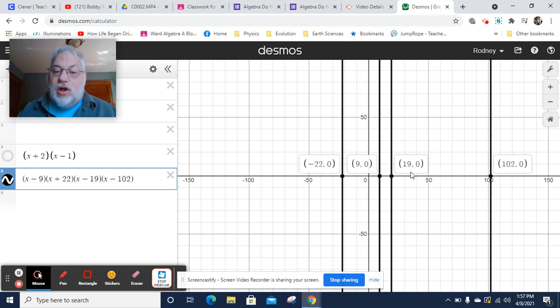These are called the X-intercepts. They are also called the zeros, for hopefully obvious reasons. They make this 0, and they also make each one of these 0. They are the X-intercepts, both of these factors, but also the whole function. Zeros and X-intercepts have a couple other names.